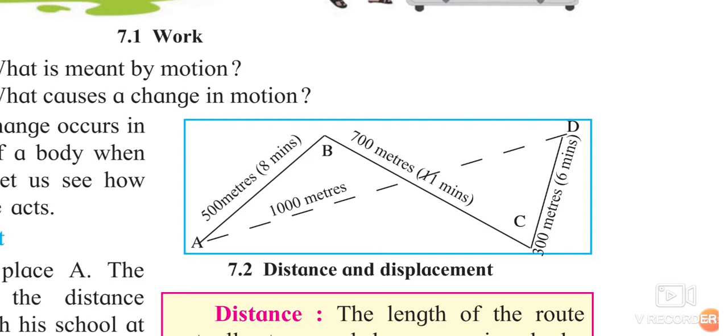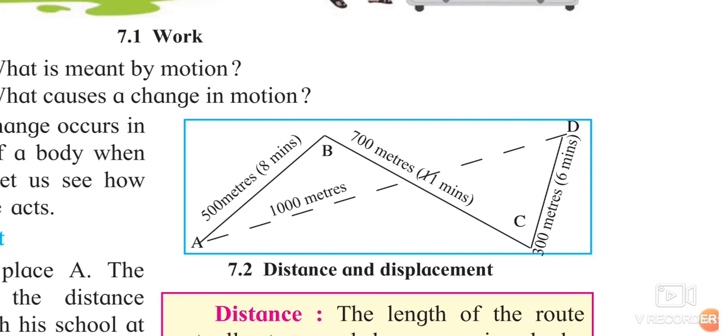From C, you all three friends are going to D, that is your school. So that 1200 meters plus this 300 will be 1500 meters, and it requires again 6 minutes. So these 19 minutes plus this 6 minutes, that is 25 minutes. So overall it will take 25 minutes and you are traveling 1500 meters till you go to school.